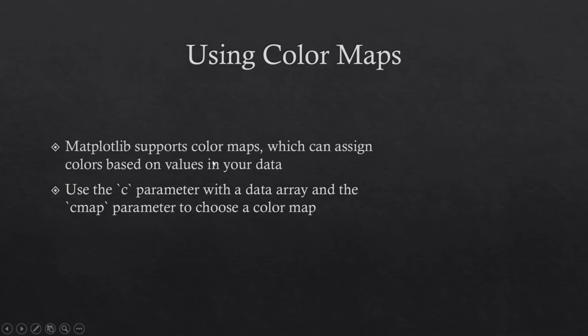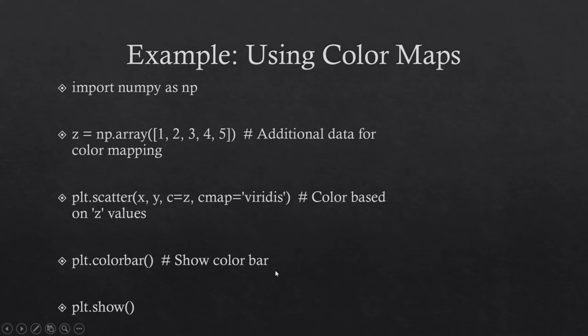Matplotlib supports color maps which can assign color based on values in your data. Use the c parameter with a data array and the cmap parameter to choose a color map.